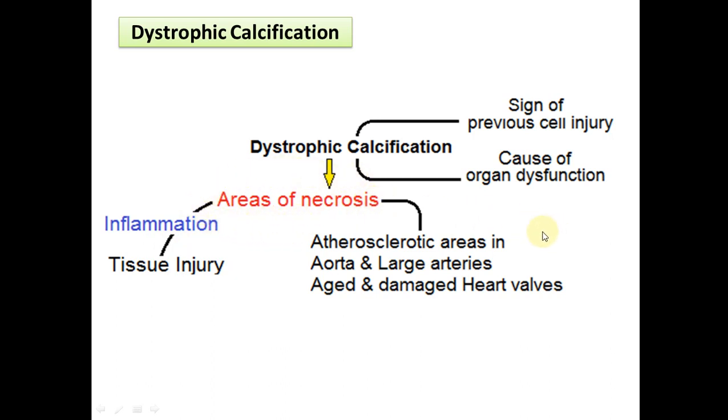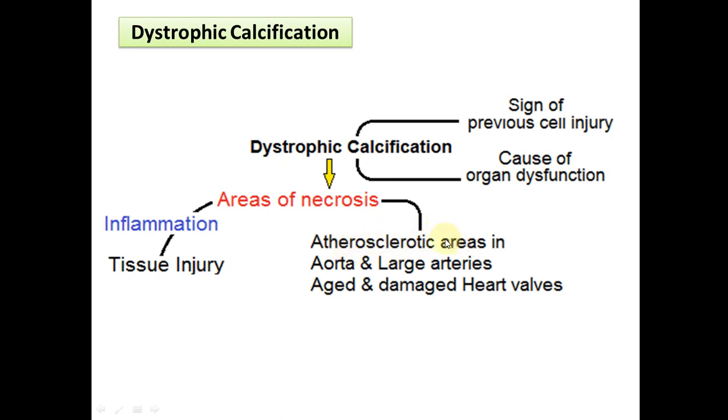Dystrophic calcification particularly occurs in atherosclerotic areas, and we know that atherosclerosis is abnormal deposition of cholesterol and lipids in the blood vessel wall, which may cause narrowing, and sometimes the atherosclerotic plaques may give rise to thrombus and embolus formation.